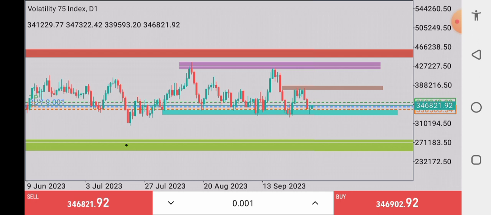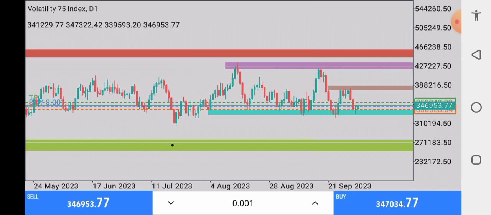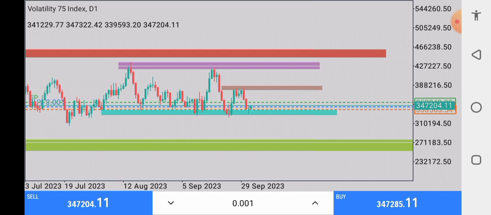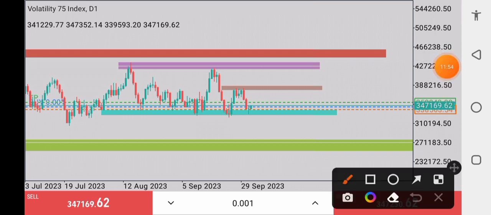You don't have to be marking everything you see. These are the key levels I've given to you, and we already know what we are supposed to be expecting when price gets to any of these levels. Let's say price gets to this level here.